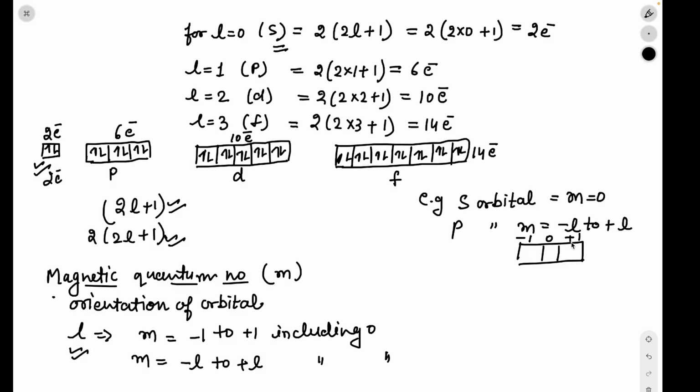So there are 3 orientations: Px, Py and Pz. And for the D orbital, the value of m can be -2, -1, 0, +1, +2. So there are 5 orientations.